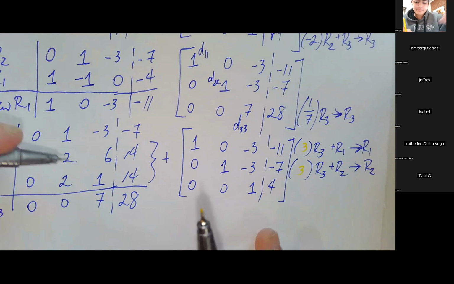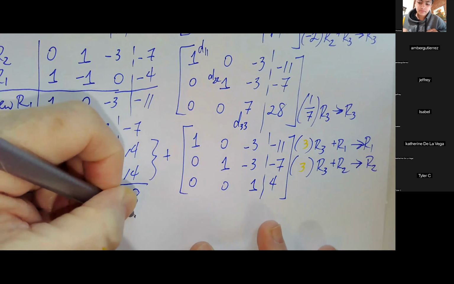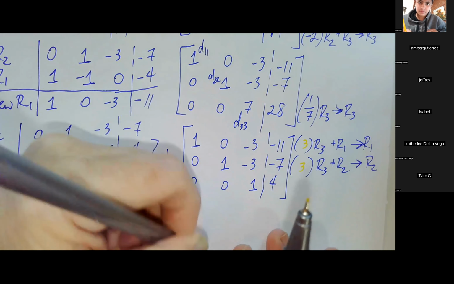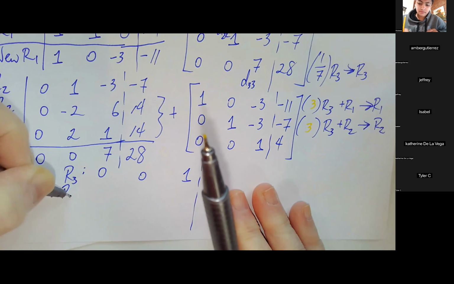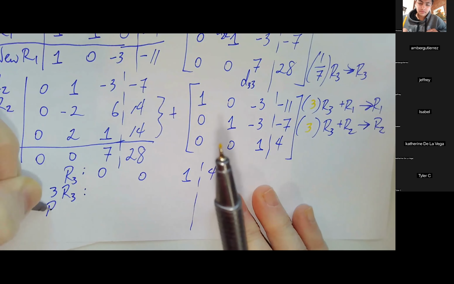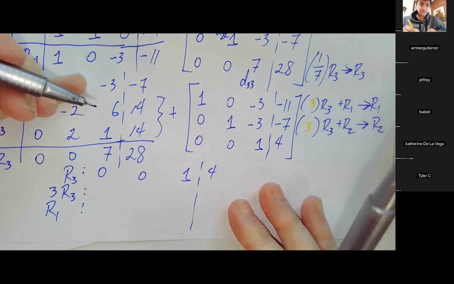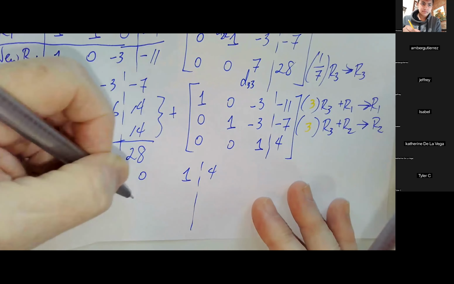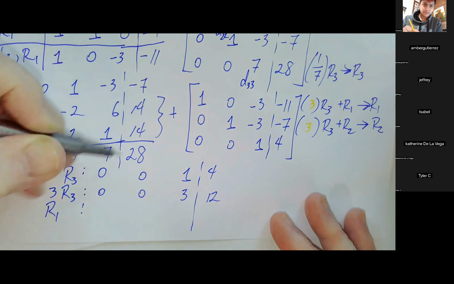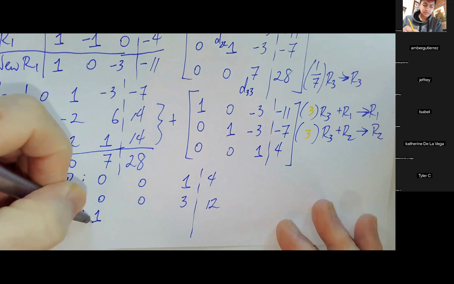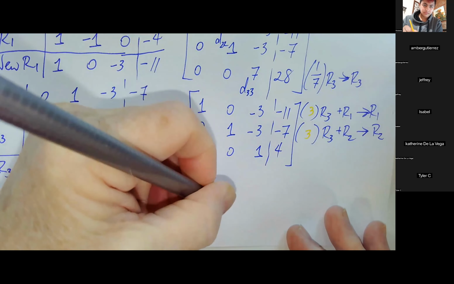So let's see, our current row 3 is 0, 0, 1, 4. 3 times row 3, plus row 1. So what is 3 times row 3? 0, 0, 3, 12. All right. And row 1 is currently 1, 0, -3, -11.